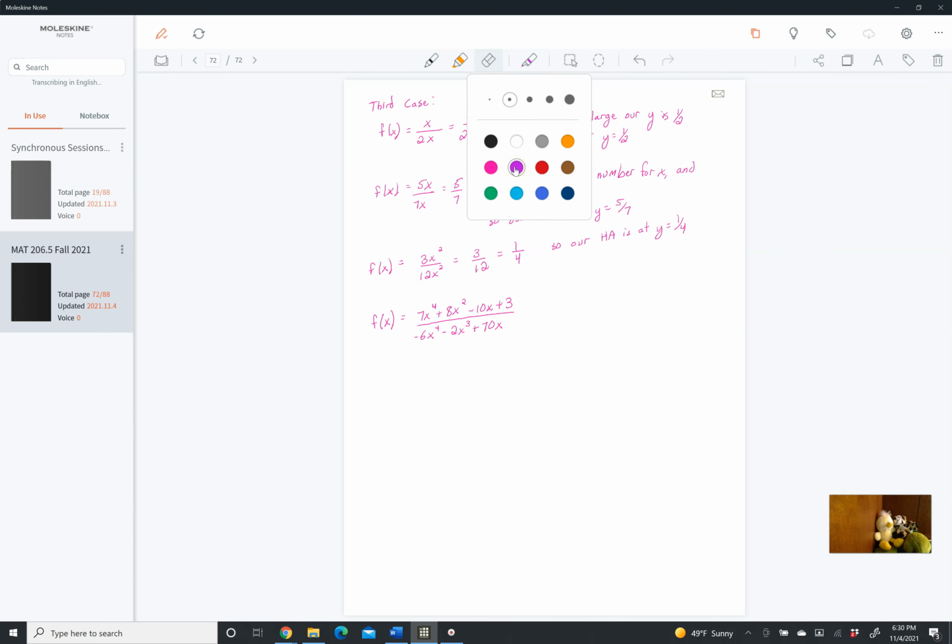So this 8x squared minus 10x plus 3 is insignificant. This 2x cubed plus 70x, insignificant. The only significant terms are the ones with the highest power.